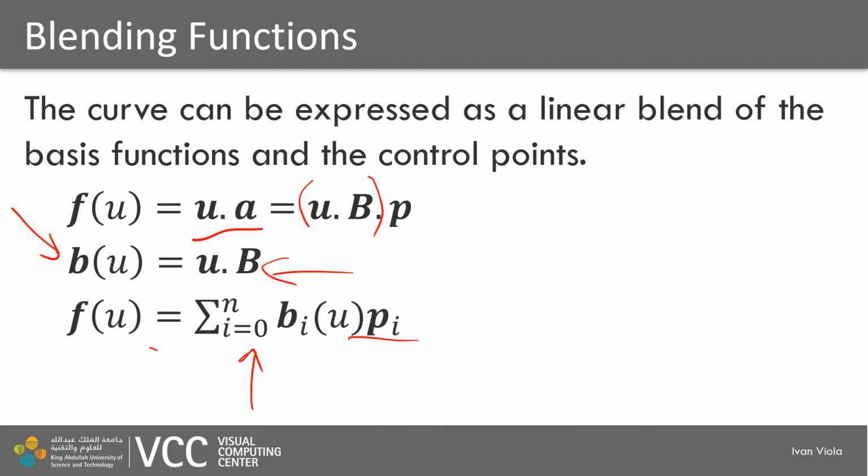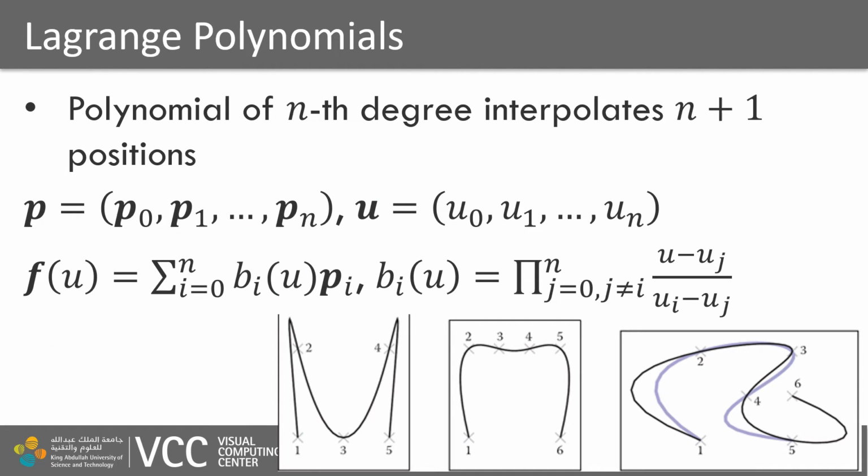And the result will be the position on our curve for the specific value of the parameter u. So this means that we can have the basis functions defined independently from the points, and the control points can then be put in separately, and we will through that always define a slightly different curve.